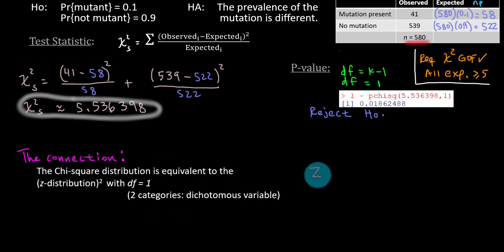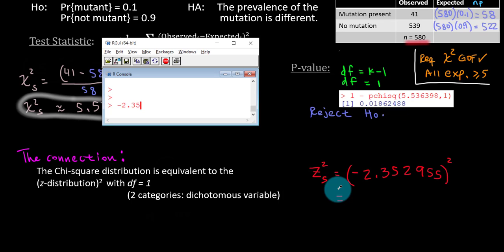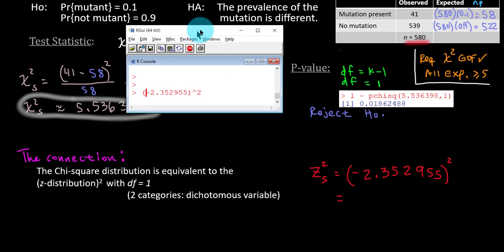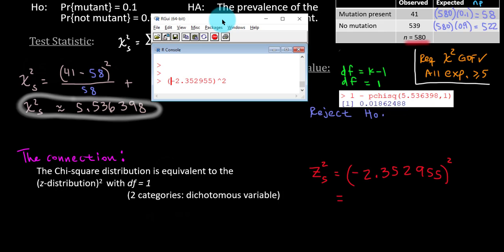Let's look at the test statistic from the z-test, which was about negative 2.35. I'm going to hold a few more decimal points here: 2955. Now I'm saying it's equivalent to the square of the z distribution, so I'm going to square this amount, and let's do that in R. Negative 2.352955, throw it in a square, and if these are equivalent, then this should equal the chi-square test statistic, which is encircled there.